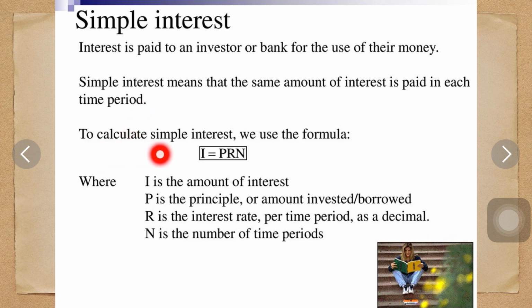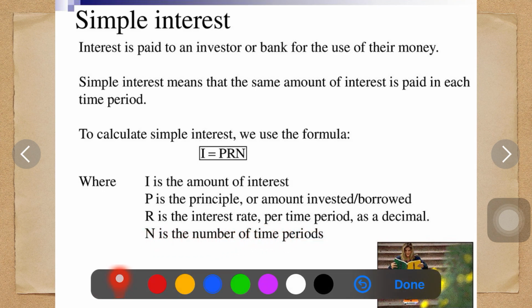To calculate simple interest, we use the formula I = P into R into N. Here I is the amount of interest, P stands for the principal or amount invested or borrowed, R is the interest rate per time period as a decimal, and N is the number of time periods.